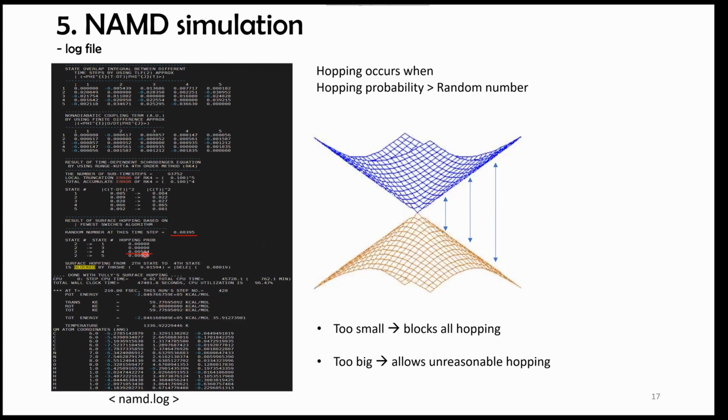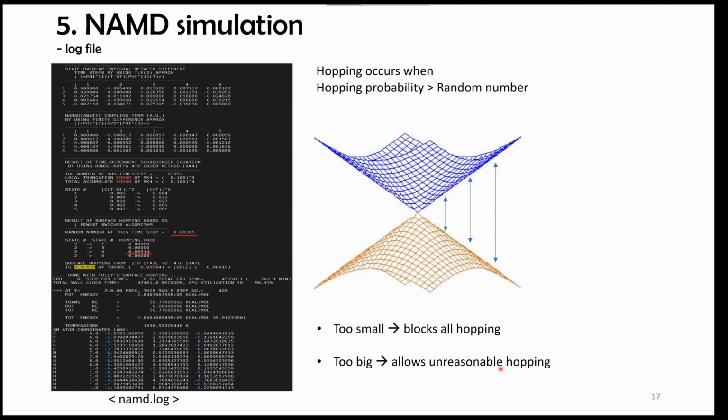The energy gap has to be small enough so that we think this is the case when the hopping really occurs. So kind of artificially we impose restrictions. But if you give too small a value, it blocks all the hoppings. Nothing happens. But if you give too big a value, it allows unreasonable hoppings too.